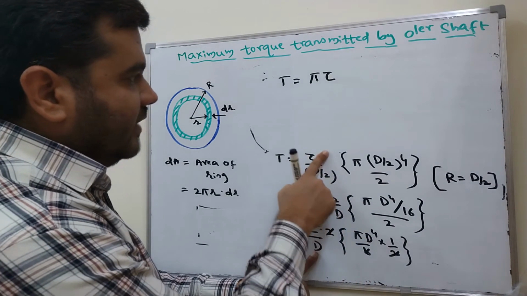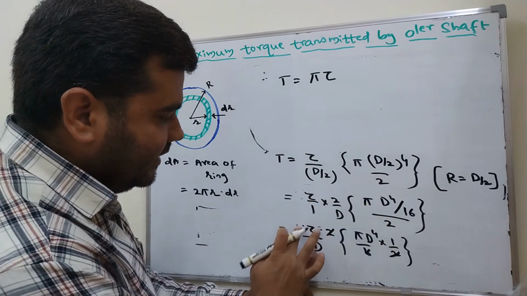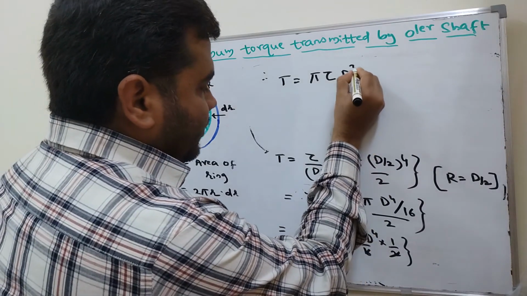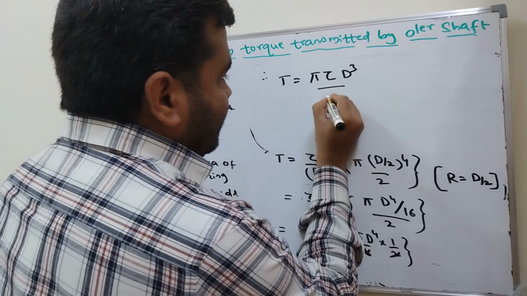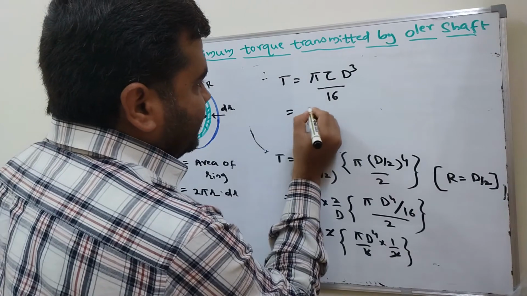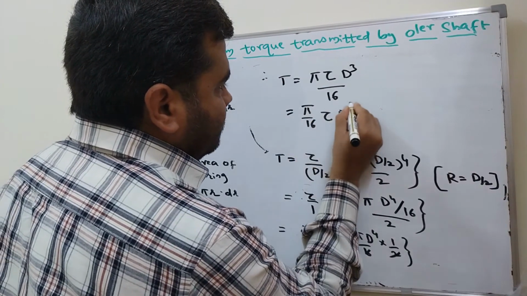Only one pi remains, that is pi tau into d cube divided by 16. After simplification, pi by 16 tau into d cube.